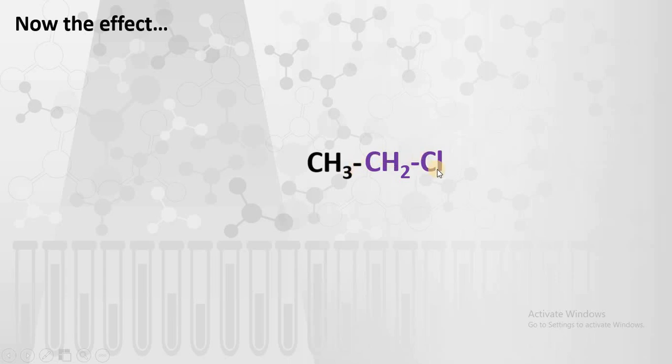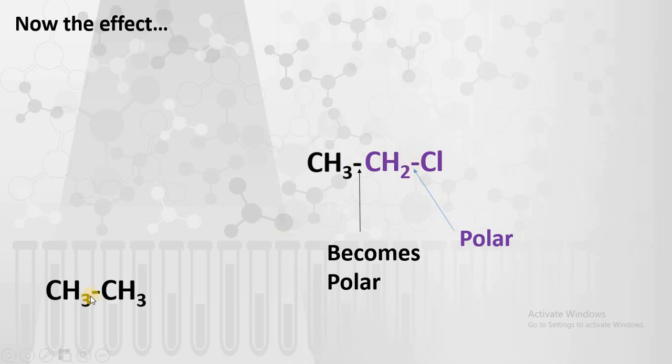Now the bonds are different. Here is the bond between carbon and chlorine, and here the bond between carbon and carbon. In the previous example, the bond between carbon and chlorine is polar, and the carbon-carbon bond is non-polar.